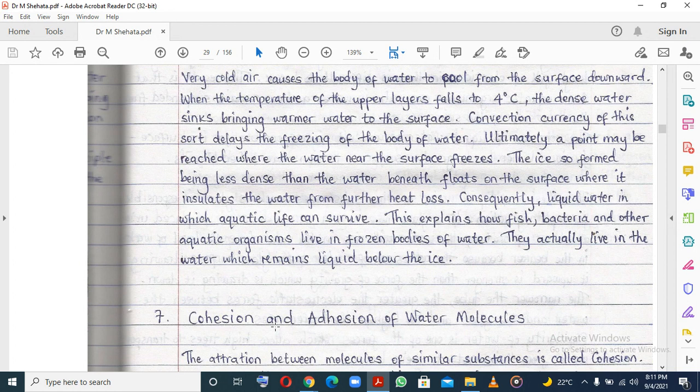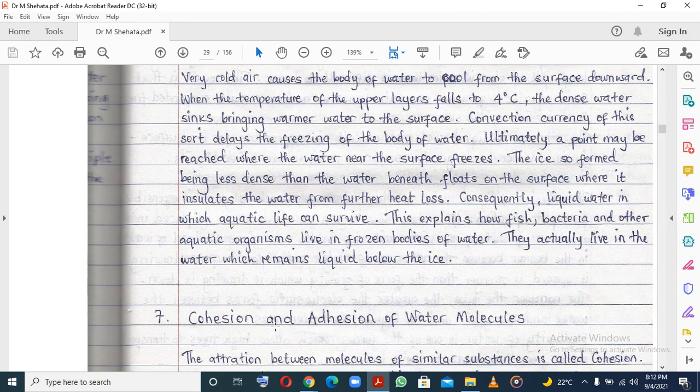So why is this important? It is very important because when a place is very cold, the very cold water is going to go on top, and then the warmer water will be below, followed by the one that's a little bit warmer, until in case ice forms, it's going to be on top.